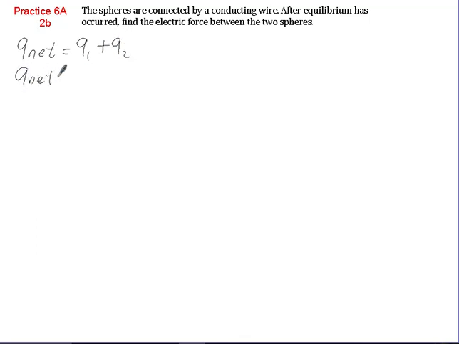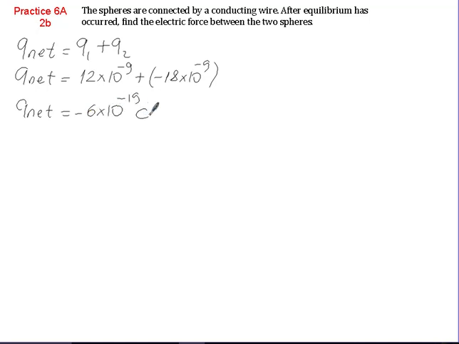Q net will be 12 × 10 to the minus 9 plus the second charge, negative 18 × 10 to the minus 9 coulomb. So the excess charge, the net charge, will be minus 6 × 10 to the power of minus 9 coulomb.